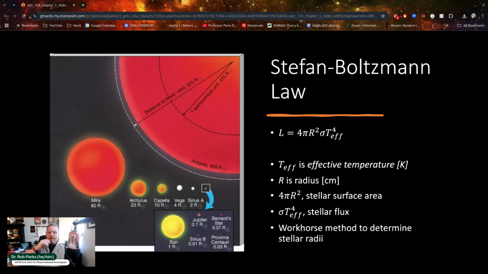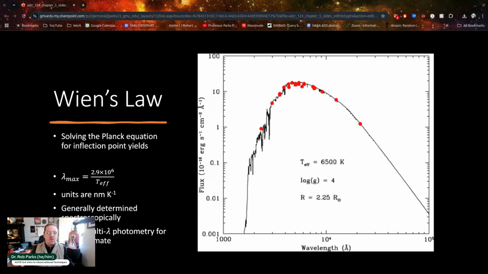You are doubling it, which means that you now have 16 times the luminosity, assuming you're talking about stars of the same radii. So what astronomers can do is, by using certain techniques, specifically spectroscopy, although you can do it photometrically, independently determine the luminosity of a star and its temperature, and from that you can work out its radius. There are other techniques, but like I said, that's pretty much the workhorse method.